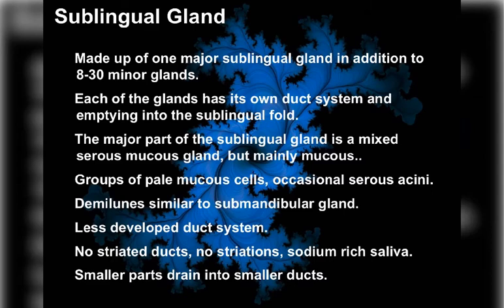Here we don't have one main excretory duct for the sublingual gland and its associated minor glands. That's why we have multiple major collecting ducts emptying into the oral cavity, each one by its own.